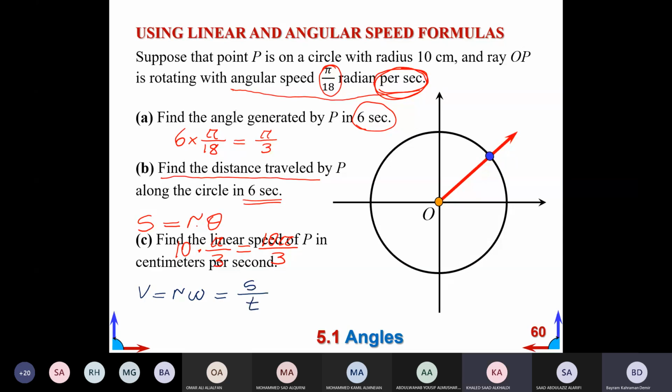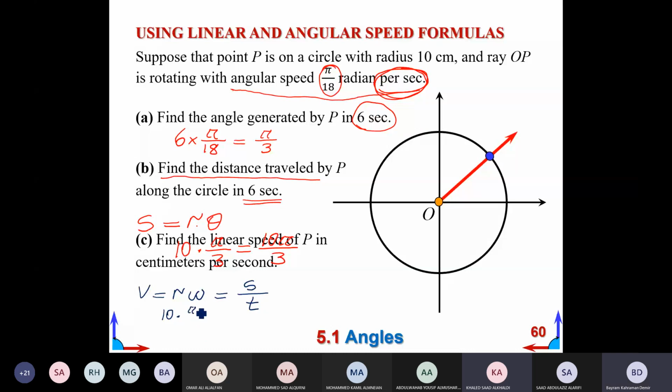Whichever you like, okay? Let's use r times omega. Do I know r, Shabab? Yes, 10 centimeters. Do I know omega? Yes, pi over 18.